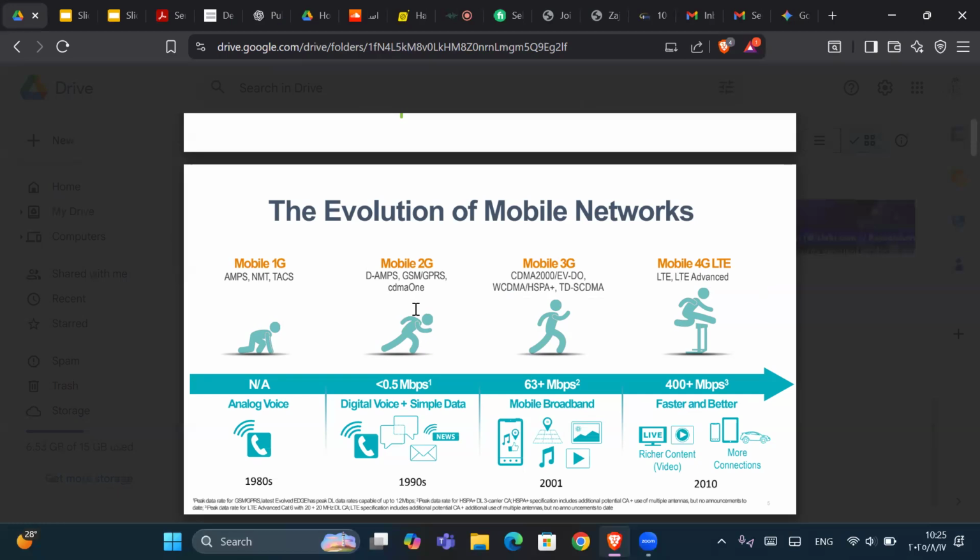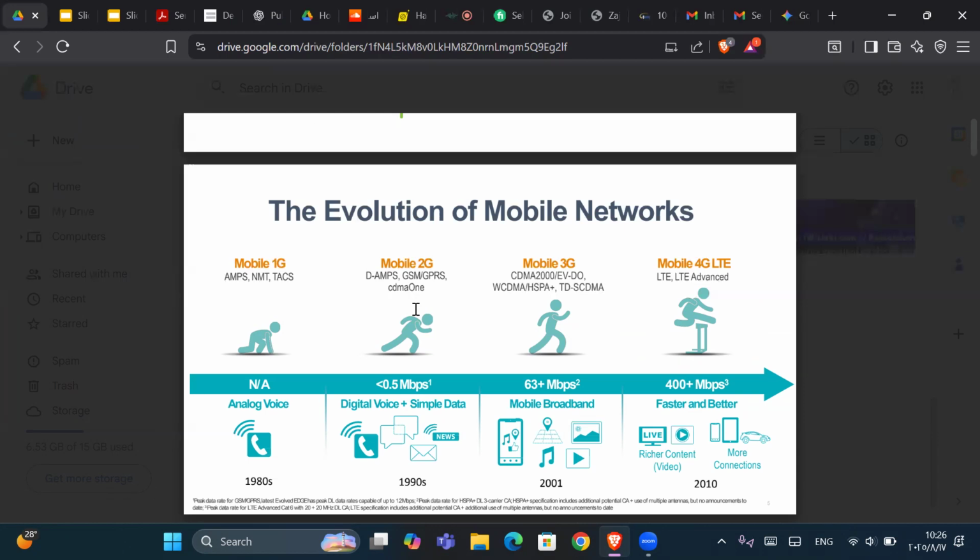This generation was introduced to the market under different names like AMPS, NMT, TACS, based on the country it was used in, whether in the US, Japan, or Europe. And then we had many problems with analog voice. You couldn't serve too many users. You had a limitation in the number of users you could serve. And it was an unencrypted transmission, and it was completely analog.